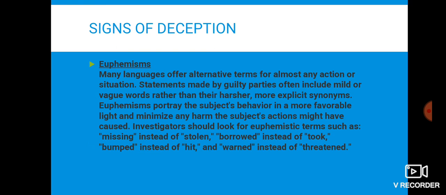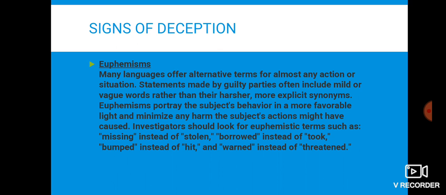Next is euphemism. Many languages offer alternative terms for almost any action or situation. Statements made by guilty parties often include mild or vague words rather than their harsher, more explicit synonyms.